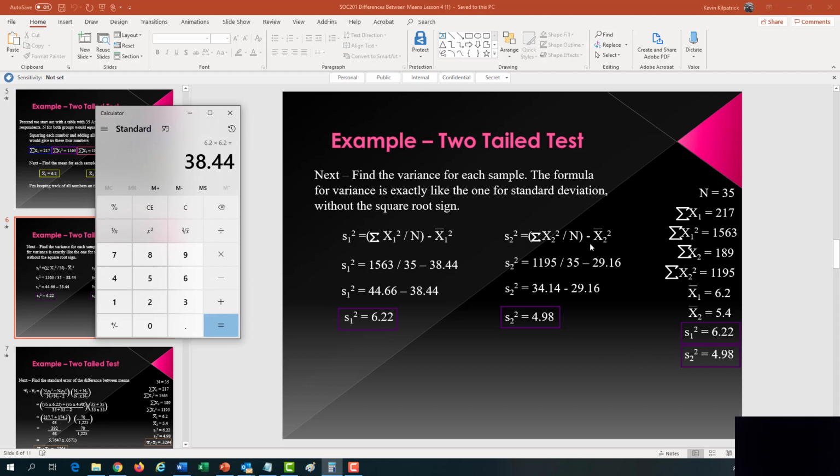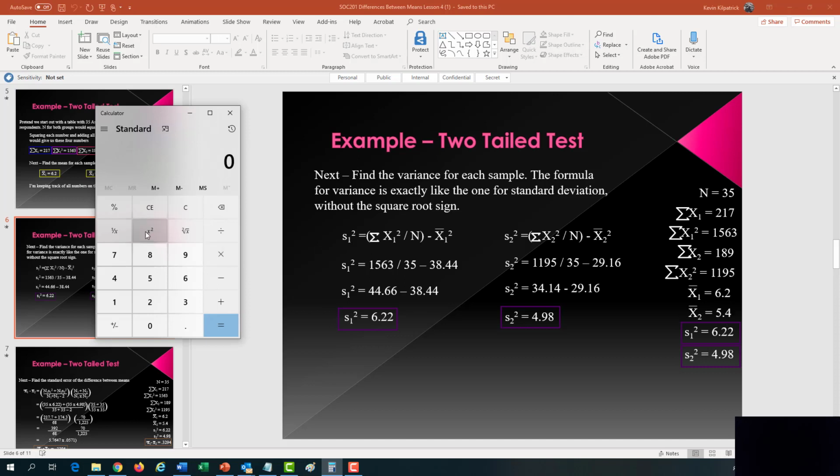For the second group, I have the sum of the squared values in this column. It's 1195 divided by the n, which is always 35, minus the mean squared. Again, I don't have the mean squared over here, but I have the mean.